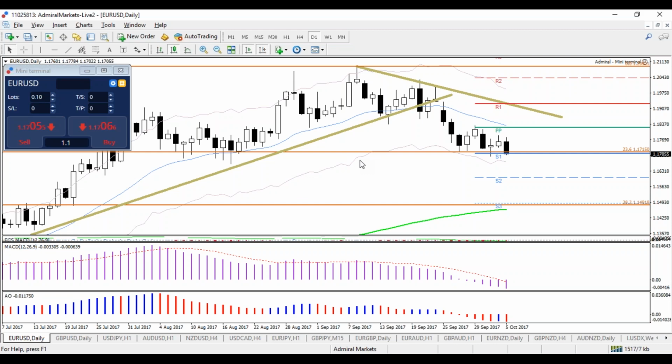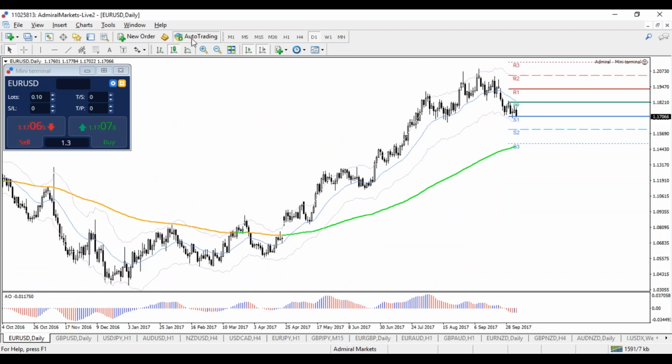So there are basically channels and trend lines. A trend line has one side, one line, right? So you would have one line like this. A trend channel, I'll start with the basics.